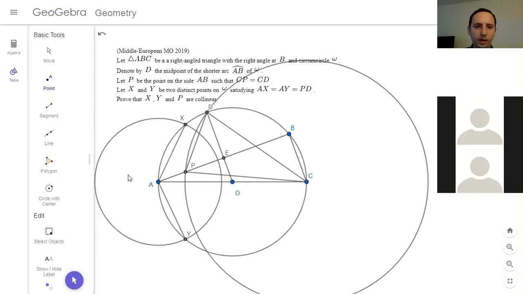So the power of P with respect to the circle is PA squared minus PD squared. Let's see, PA is, we have to use some of these right angles too.